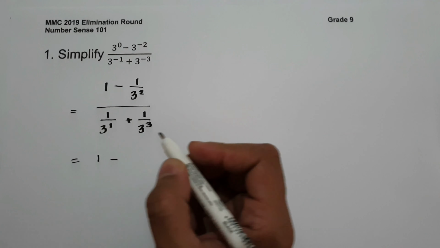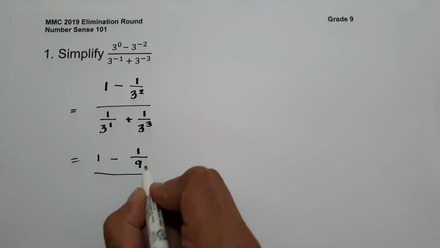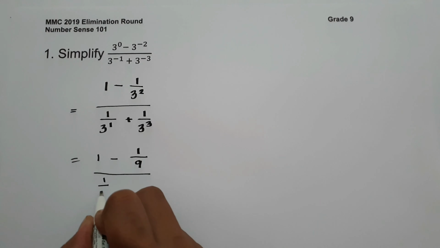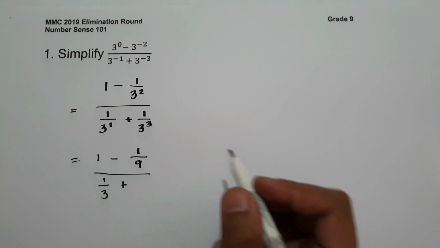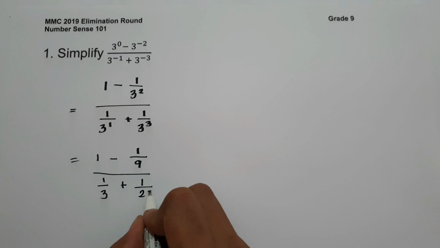1 minus 1 over 3 squared, that is 9, all over 1 over 3 raised to 1, that is 3, plus 1 over 3 raised to 3, that is 27.